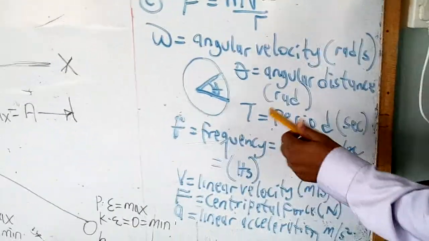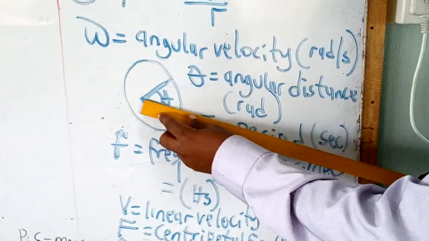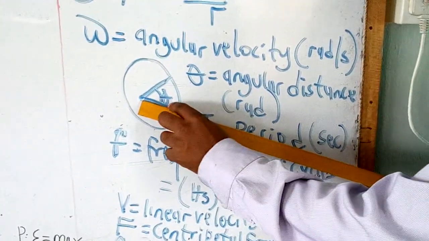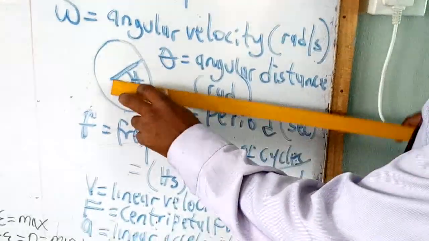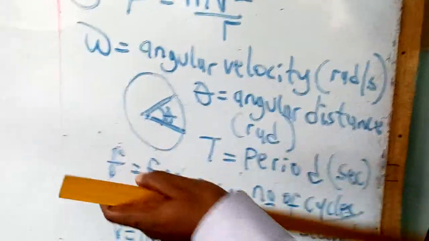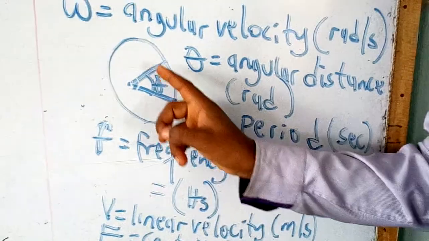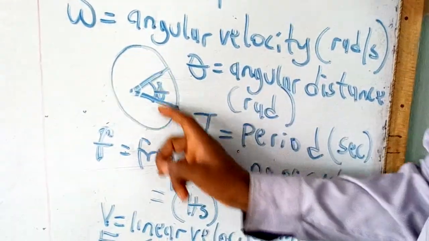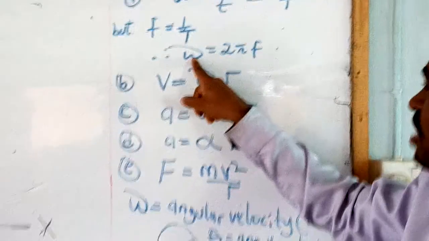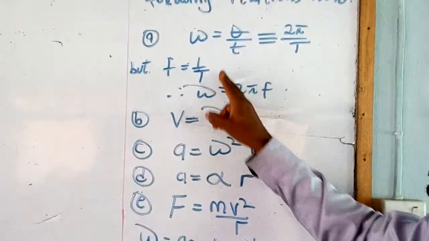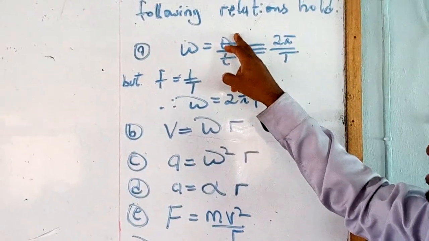The position of the radius is at this place when the angular displacement is 0. When it is shifted to the new position, there is a particular value of that angle, and it takes time t for this to occur. That kind of movement is defined as angular velocity. So angular velocity is theta over time.